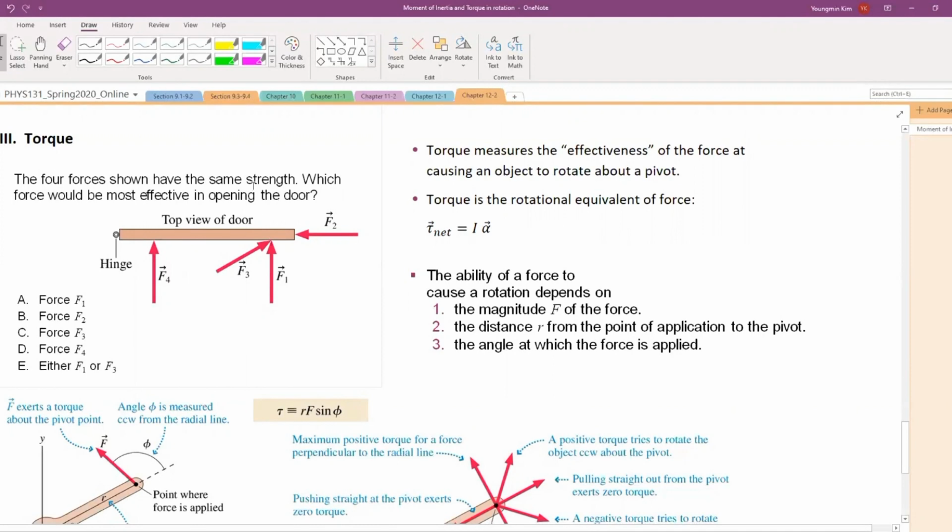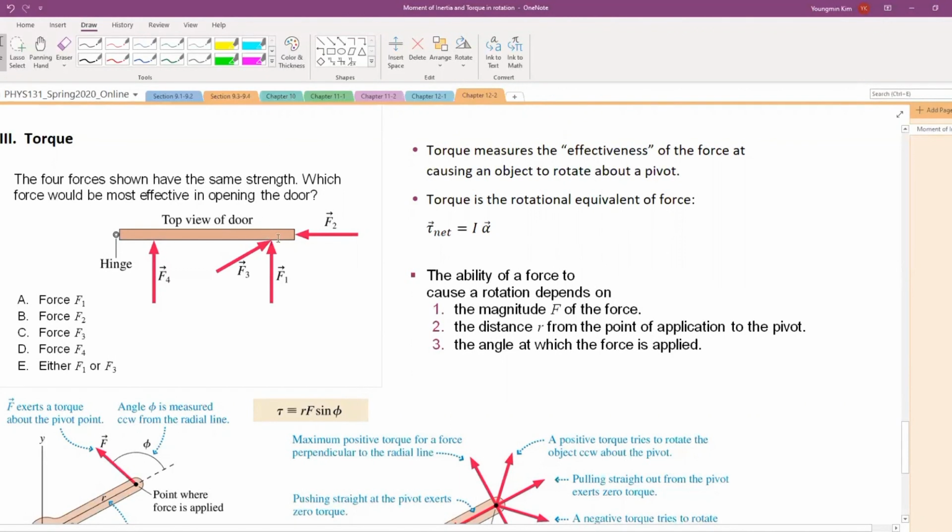To illustrate this point, let me give you a very, very everyday example. Let's say you want to swing open a door. You have the hinge of the door, and this is the top view of the door. And you're applying forces in different directions. Force one, you're trying to push this door this way, which is normally the way that we open the door.